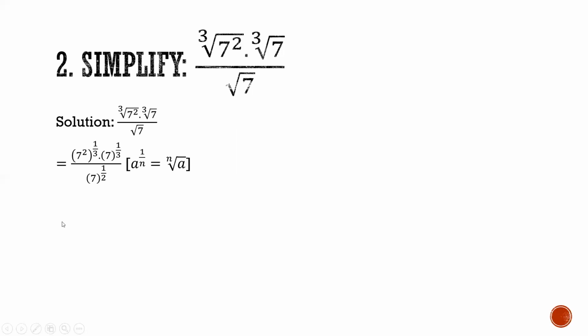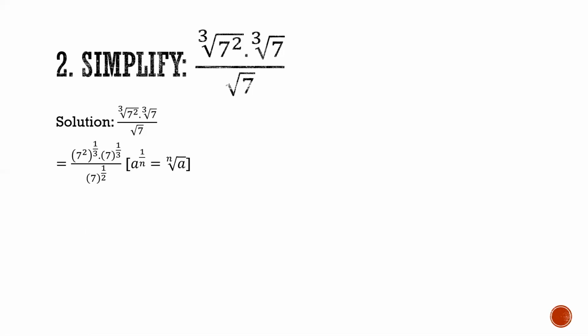Can you guess which formula we need to apply? Look at the first part of our numerator. We have 7 square to the power 1 by 3. Here we can apply the power of power law. The law was a to the power m to the power n is equal to a to the power mn.